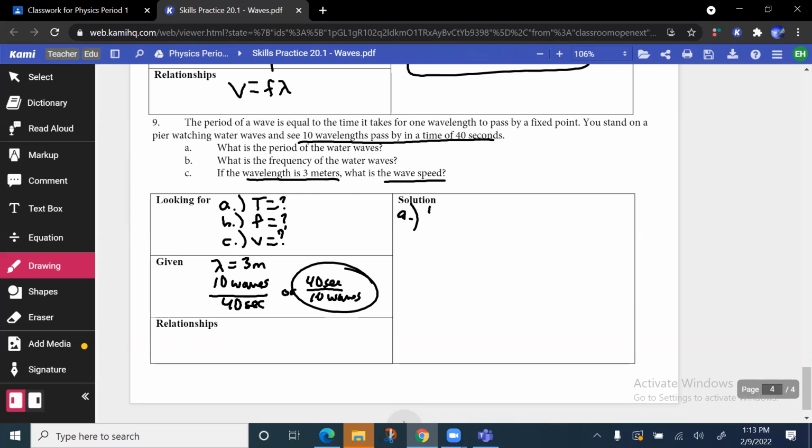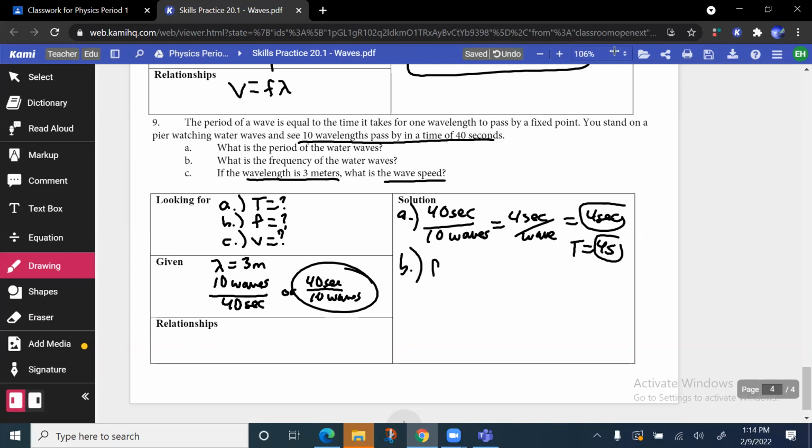You see, 40 seconds for 10 waves would be 4 seconds for one wave. That, ladies and gentlemen, would be the period. Period is 4 seconds. We're taking 4 seconds to repeat every wave.